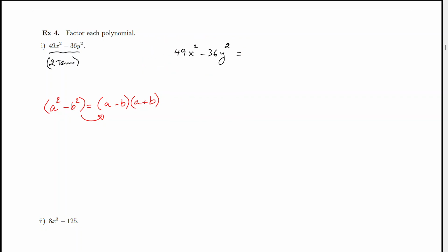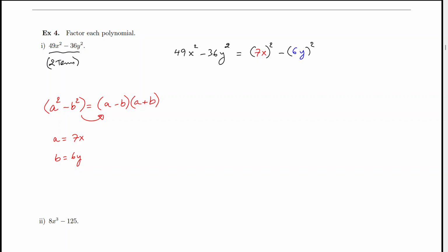As a matter of fact, 49x squared is the base 7x being squared, and the 36y squared is the base 6y being squared. So it kind of looks like the pattern that we were describing, where for me, a is really 7x and b is really 6y.